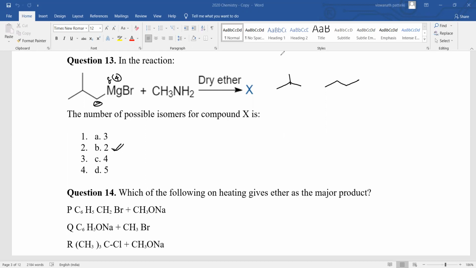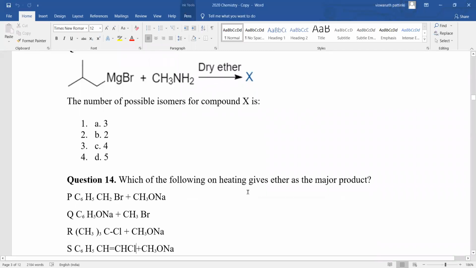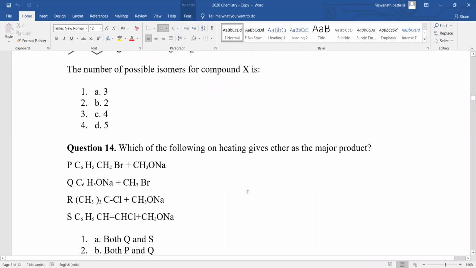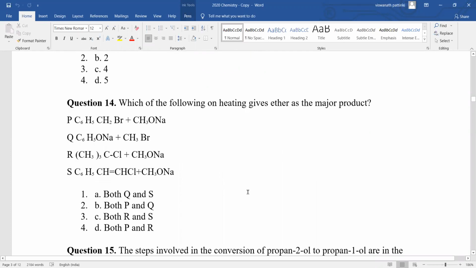And coming to question number 14, which of the following gives ether as the major product? So this is nothing but Williamson synthesis, right?